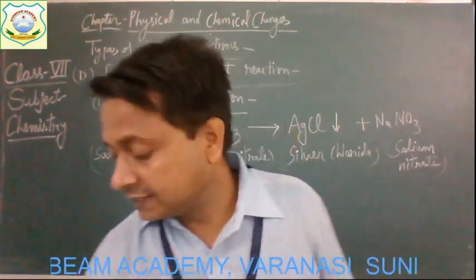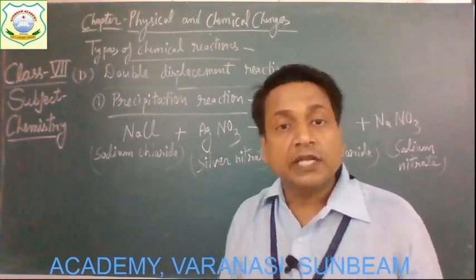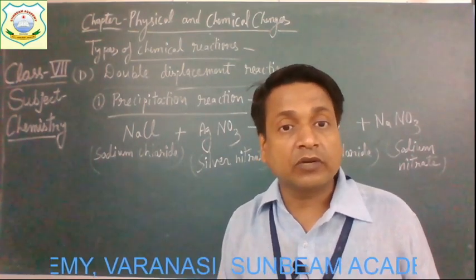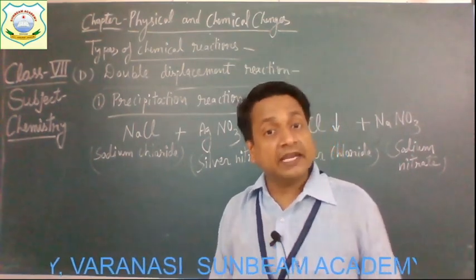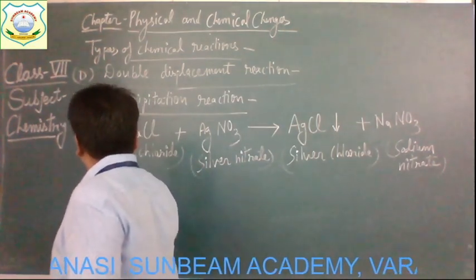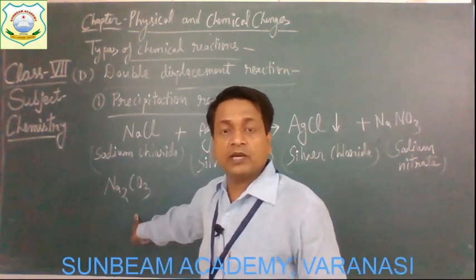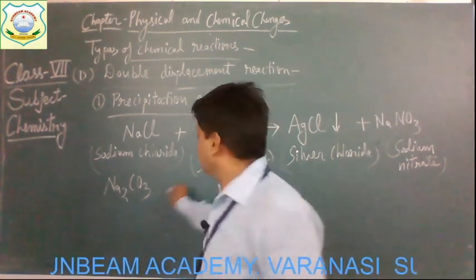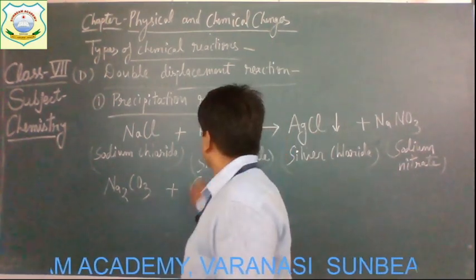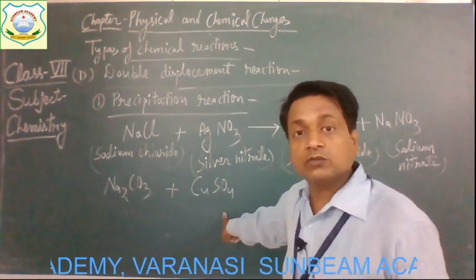The second example is when sodium carbonate, what will be the formula, children? Sodium carbonate? Yes, it is Na2CO3. Sodium carbonate is going to react with copper sulfate, and the formula is CuSO4.